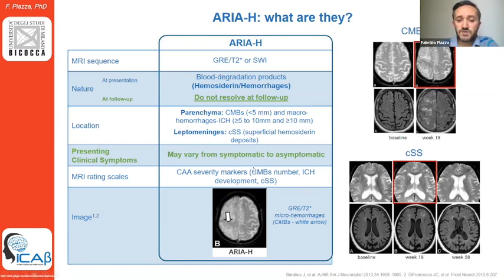But I would say that we can easily apply the rating scales used for cerebral amyloid angiopathy, because all of these markers are the same markers that we currently use in clinical practice to diagnose cerebral amyloid angiopathy. So the only difference is that we can talk about ARIA-H only if these events occur after treatment, while in a patient not exposed to any drug, we will simply call it a marker of CAA disease.